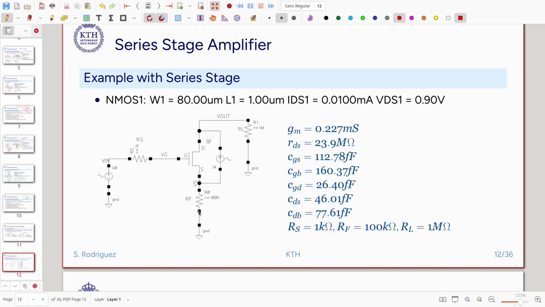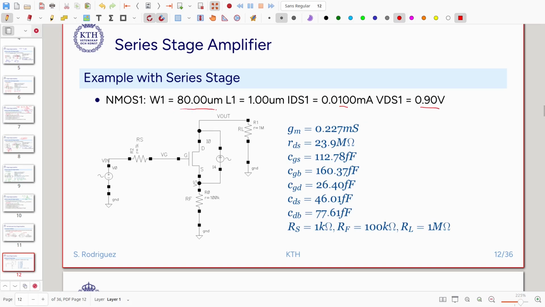The best way to analyze this circuit is to use an example, so we are going to take our first example in Cadence. Let's assume that we have a transistor that has been biased with 10 microamps, at 0.9 volts.